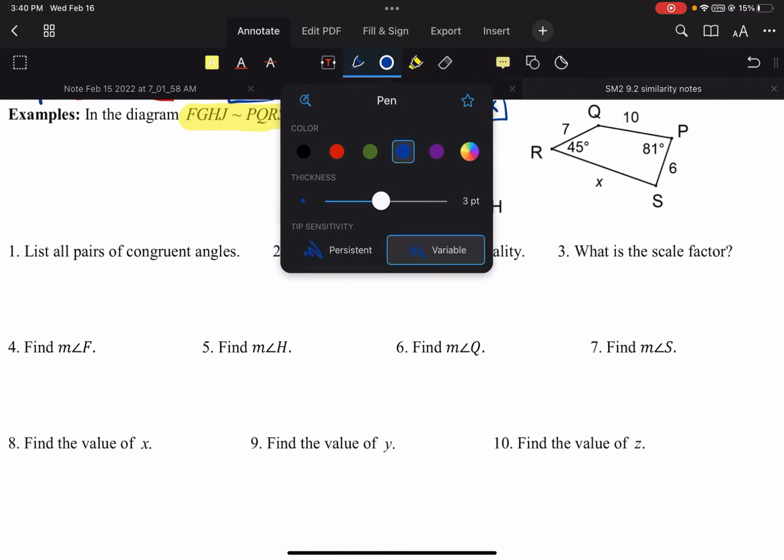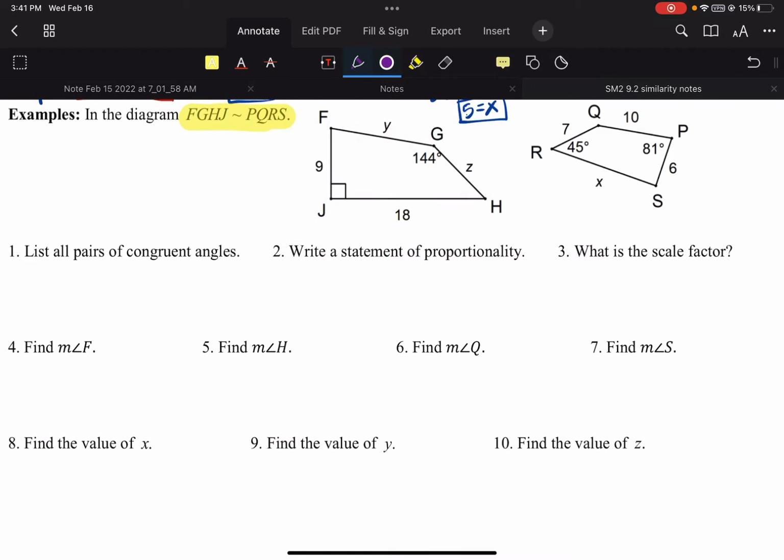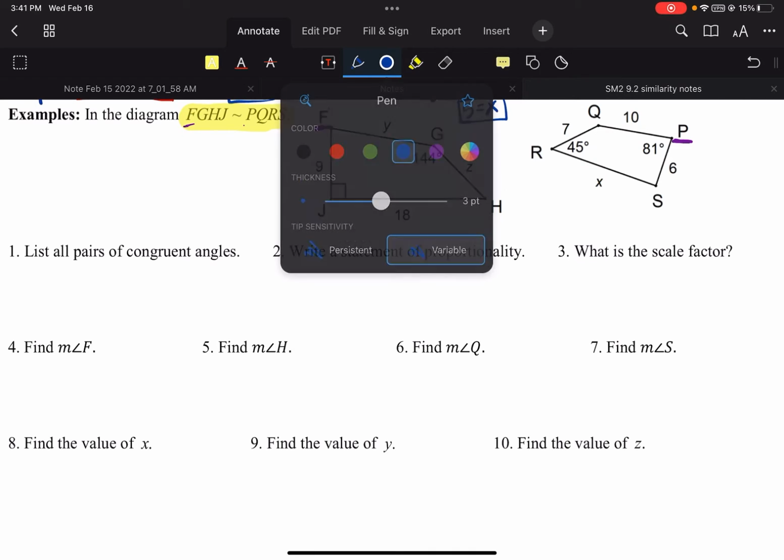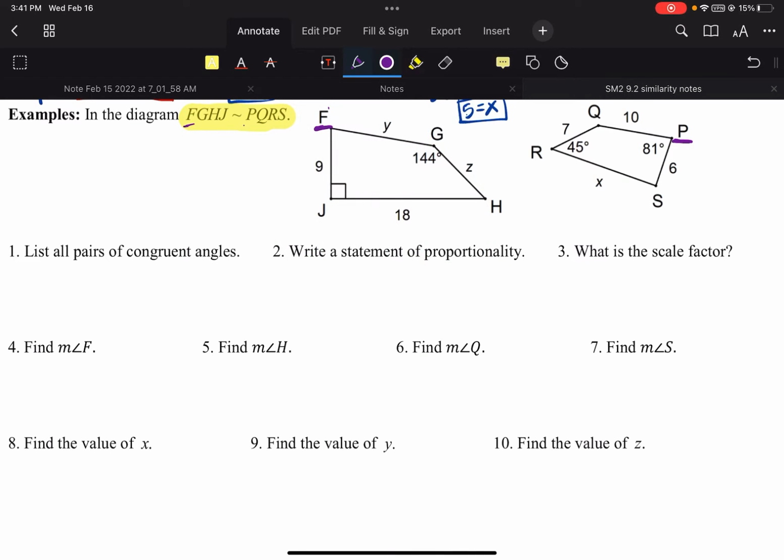Before we do, I am going to label my corresponding angles just so that we can easily work through this problem. So I know that F and P are corresponding. So I'll underline F with purple and P with purple. And then we know that G and Q are corresponding, so we'll put circles.